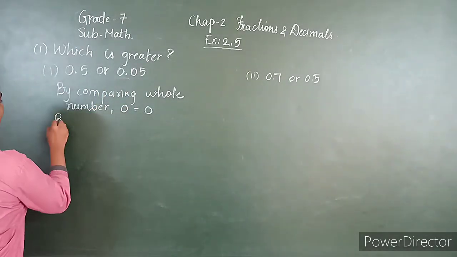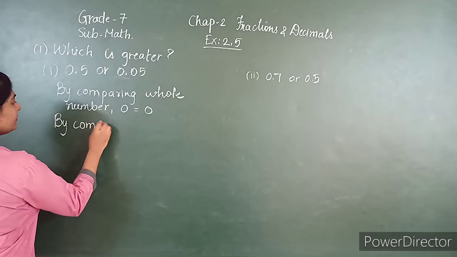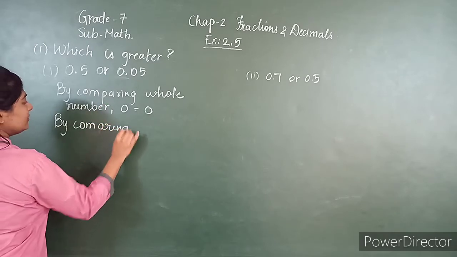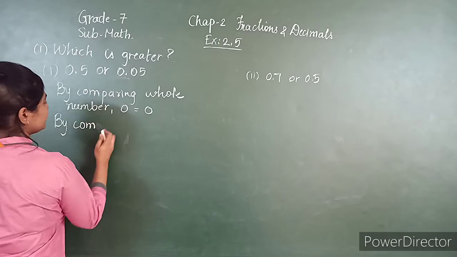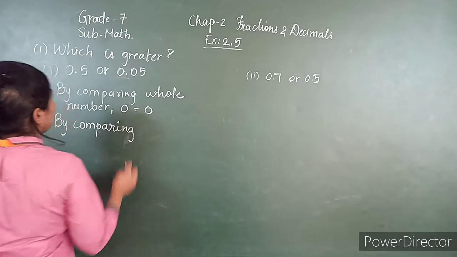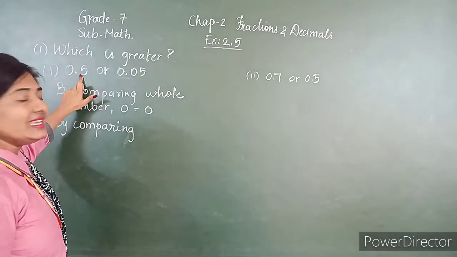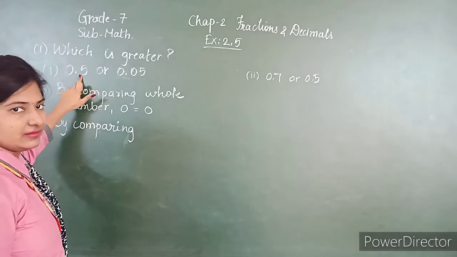Then by comparing after the point, the digit which is given is the 10th place digit.